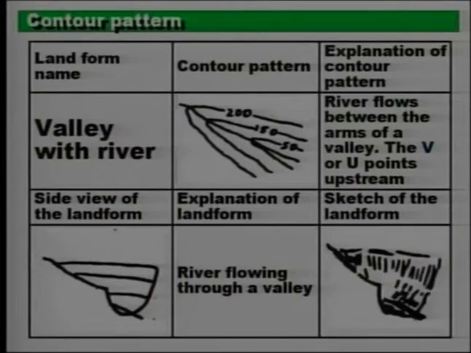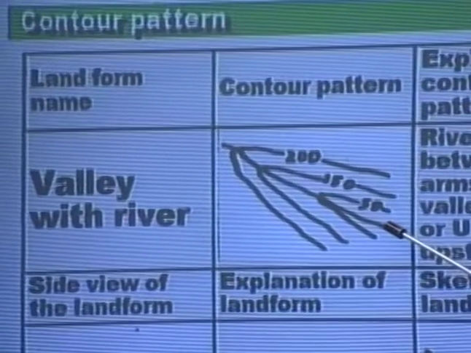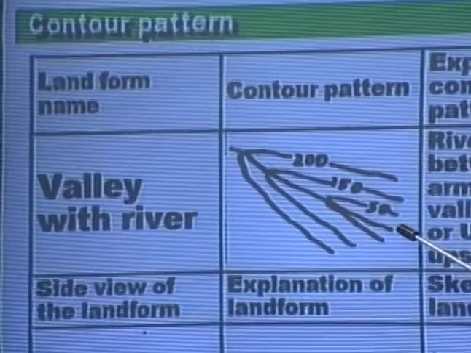The second landform, again, is a river valley, a valley with a river. We still have the contours, the V's, which are pointing towards the higher value or uphill. But this time you have a river flowing in between that particular feature, which is the valley.